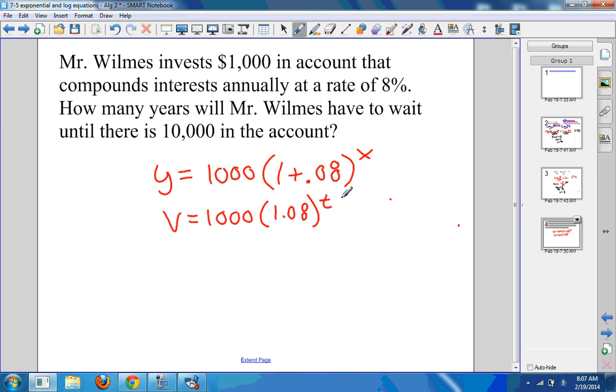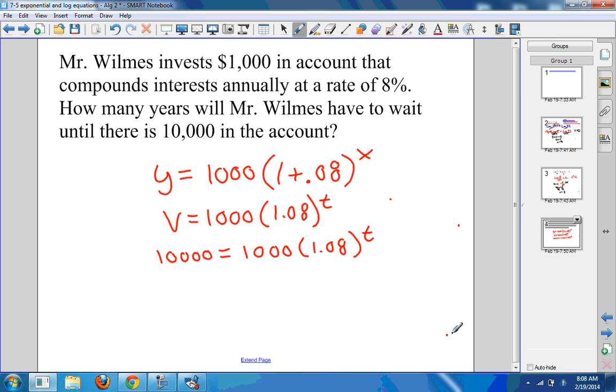So to do that, I can plug in $10,000 here for my value. And now we have an equation. And in this equation, we could solve for t.